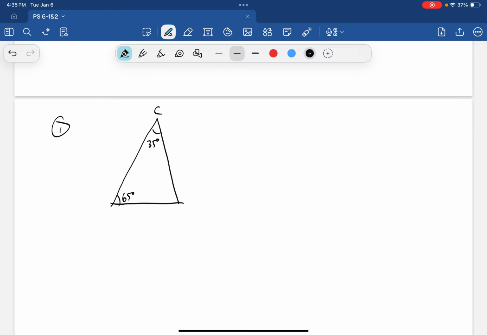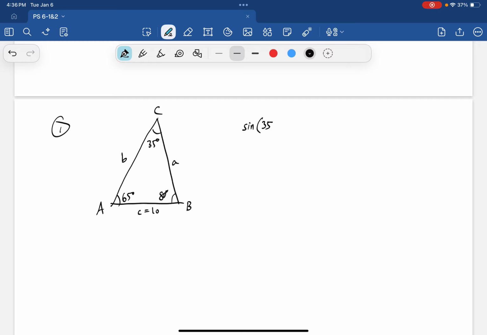C is here, A is here, and b is here, and little c equals 10. So this is A, and this is B. And then this angle here we can calculate is going to be 180 minus 35 minus 65, which is 80 degrees. Okay, so now we can use law of sines.